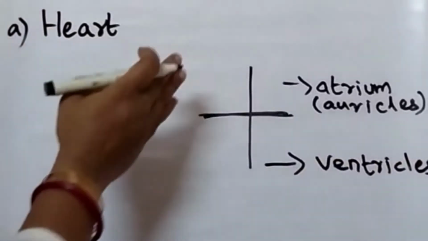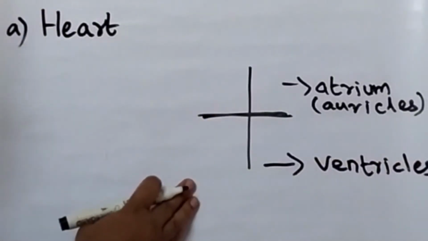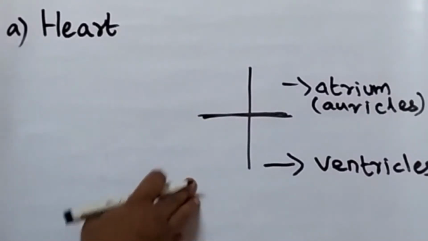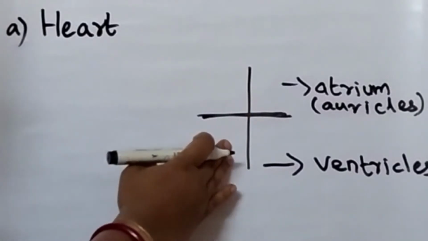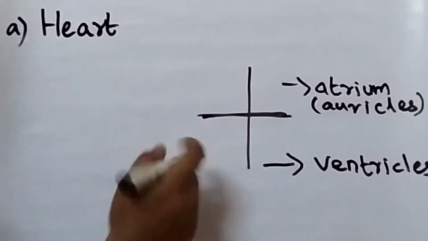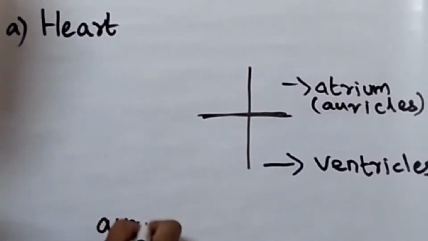The upper and lower chambers are separated by a muscular wall called auriculoventricular septum.